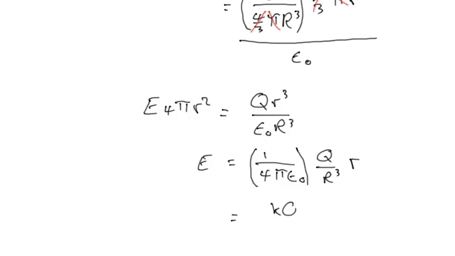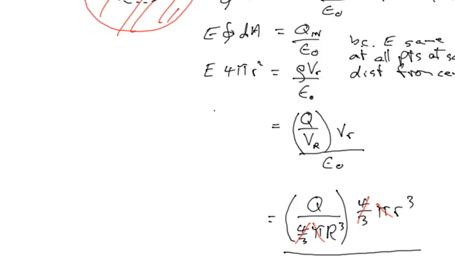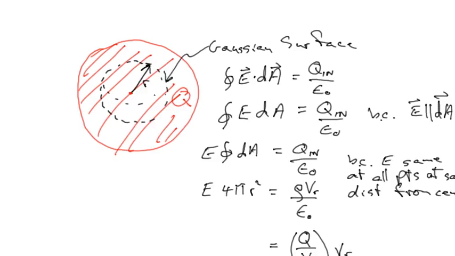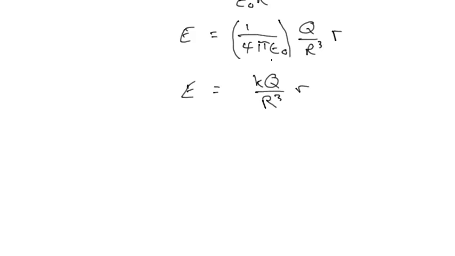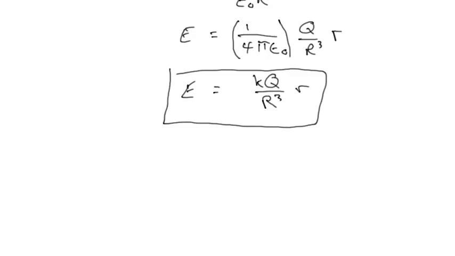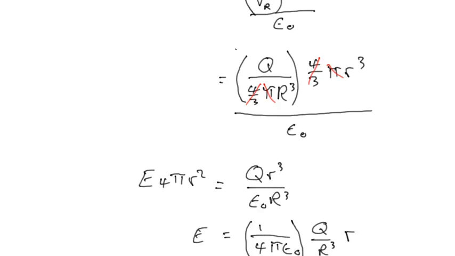So it's K capital Q over R cubed times little r. So from 0 out to, as long as I'm inside the sphere of charge, that works. And I got a result that we have seen before. So I can put a little box around that. This is inside.